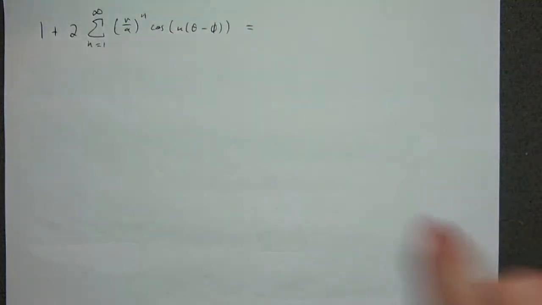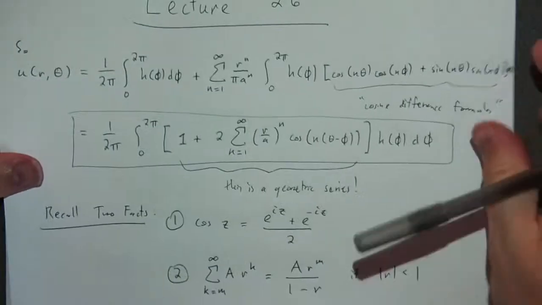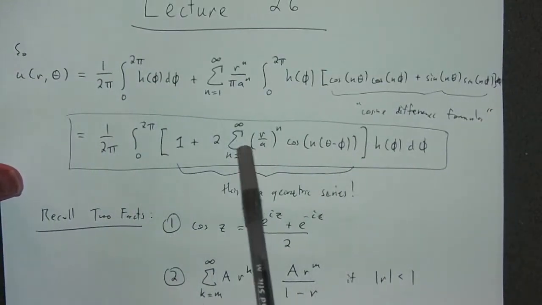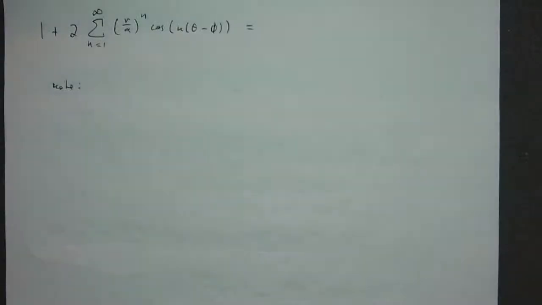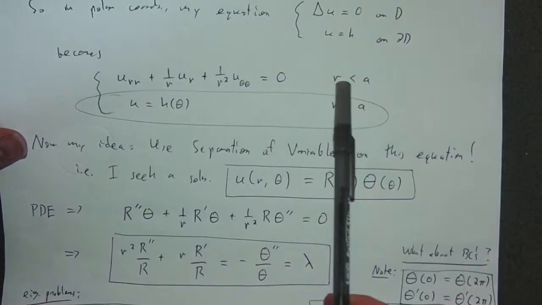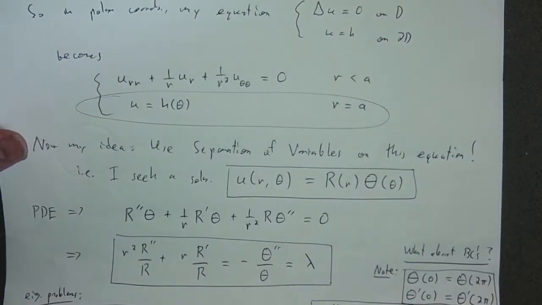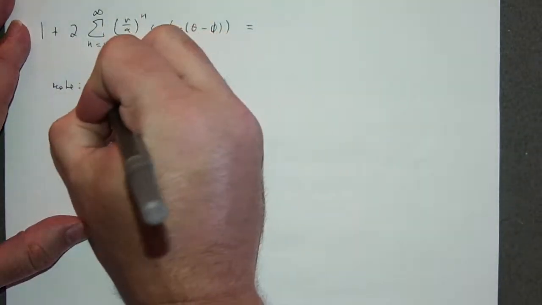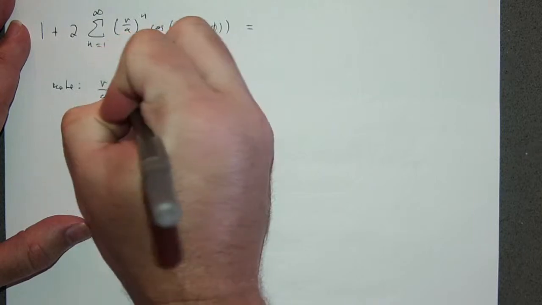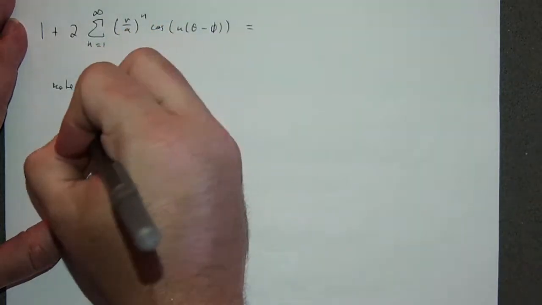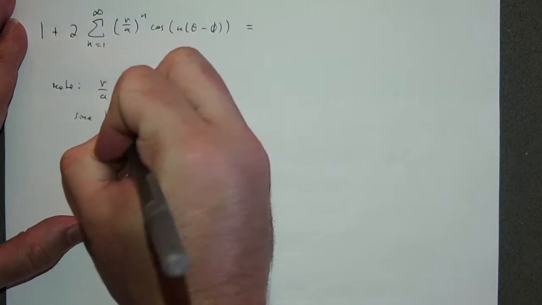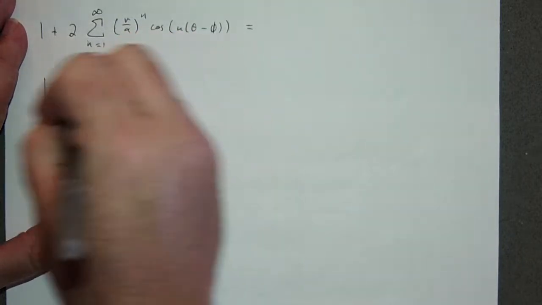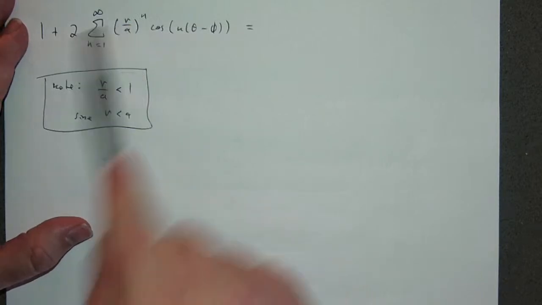So the first thing I note: if this u is going to be defined, what does r have to satisfy? Let's go back to our restatement of the problem in terms of polar coordinates. Oh, r is less than a. Well, if r is less than a, then what is the size of r over a? r over a is less than 1 since r is less than a.